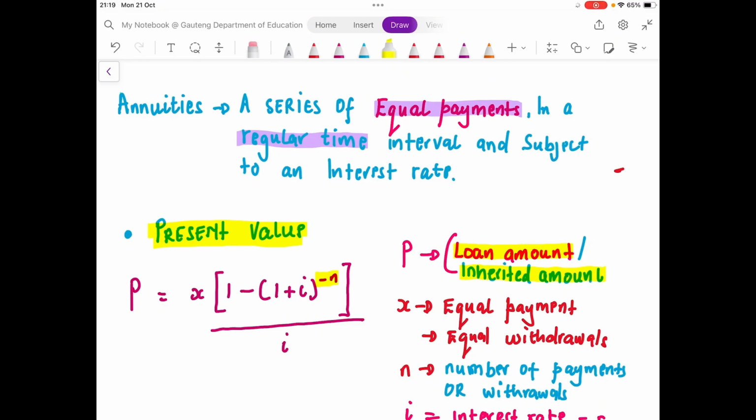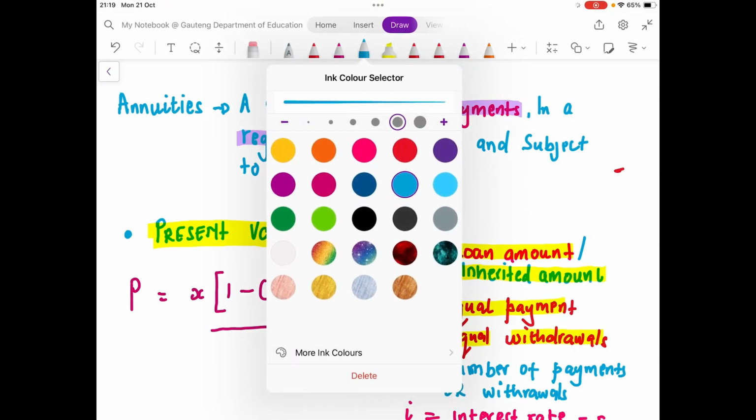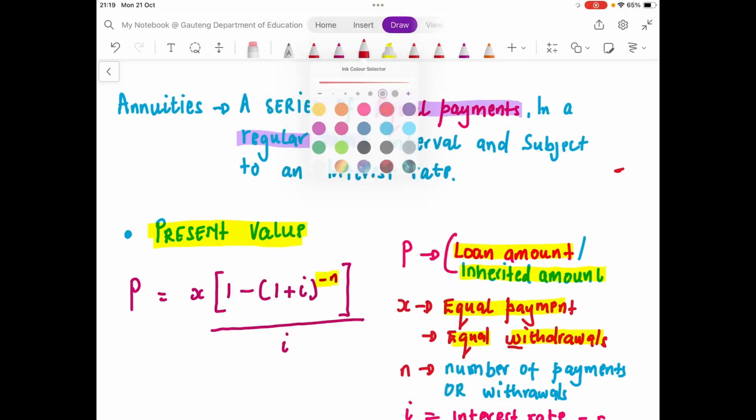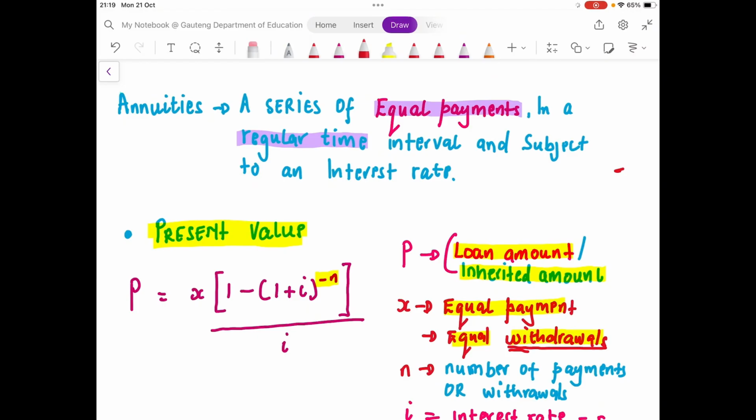And then X represents equal payments or equal withdrawals. Now the minute you see the word withdrawal, this tells you that we are dealing with the present value. The minute you see the word withdrawal, the minute you see the word loan, you must know that we are dealing with present value.